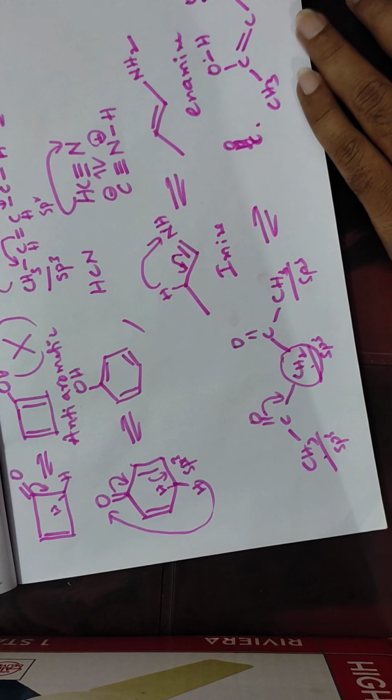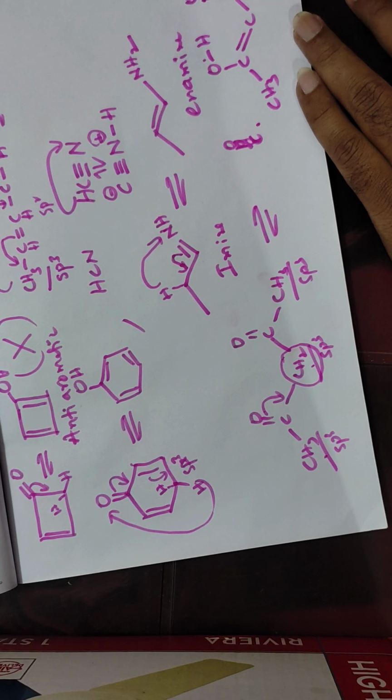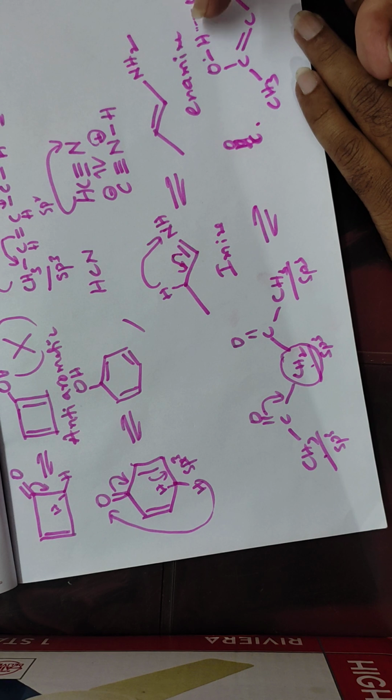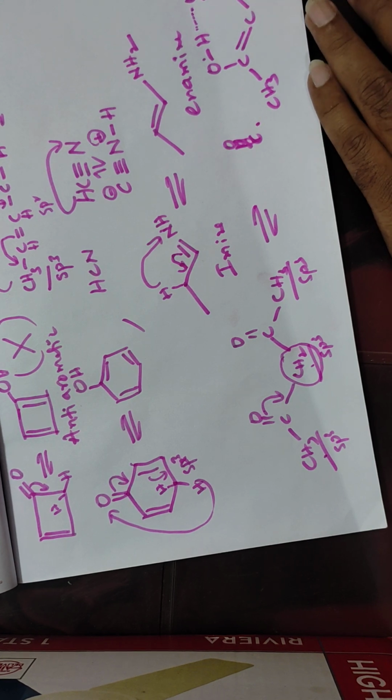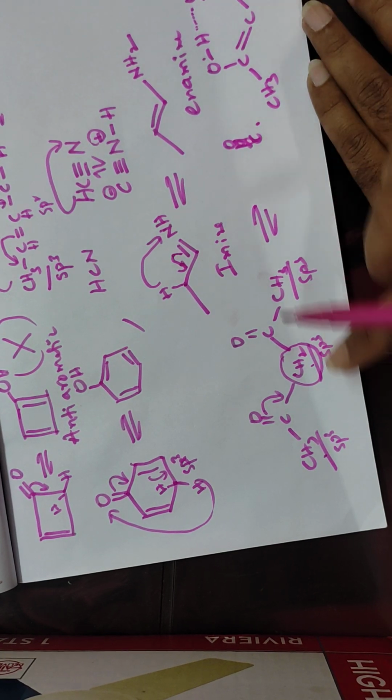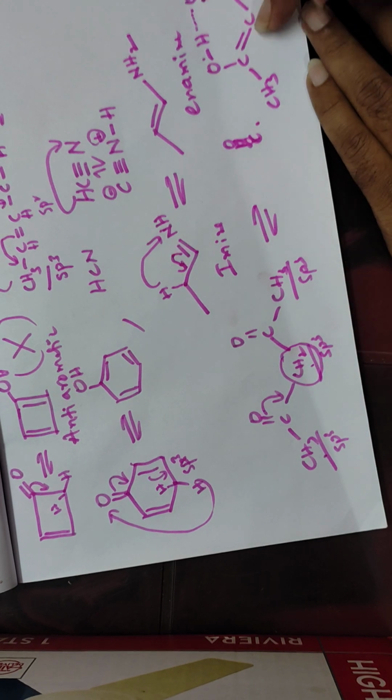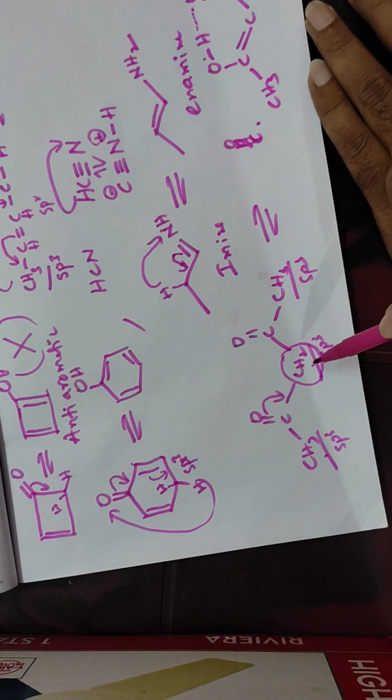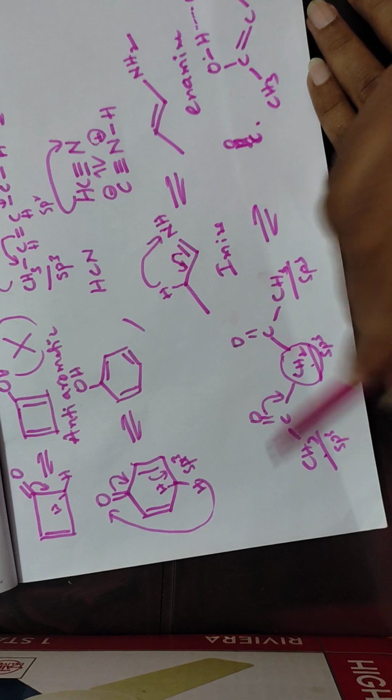You observe this compound. Here there is conjugation, double bond, single bond, double bond, and there is a chance for hydrogen bonding. Because of that hydrogen bond and the conjugation, it is a more stable compound. So it automatically converts to this compound only. That means the proton transfers from here to here, not this.